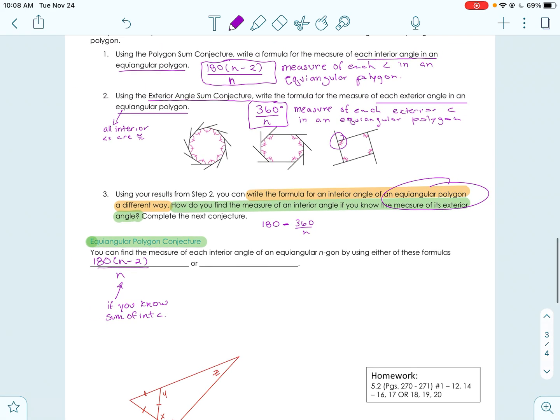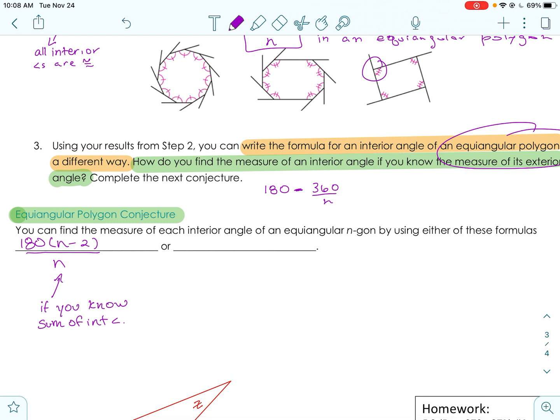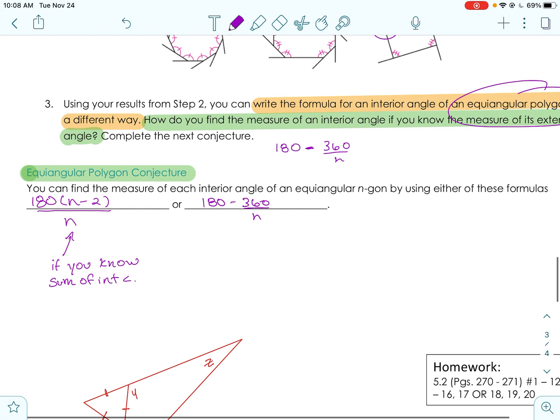You could also do 180 minus 360 divided by n, and that would be used when you know the measure of your exterior angles.